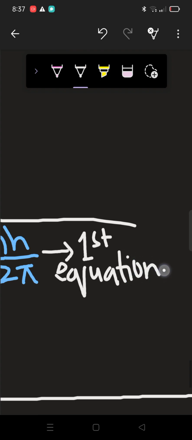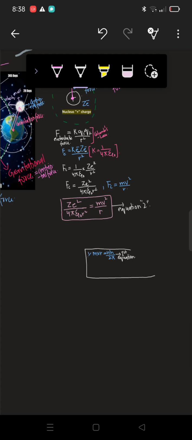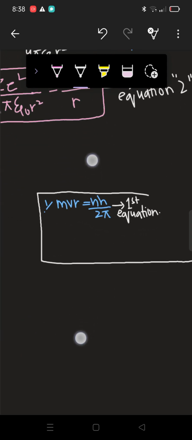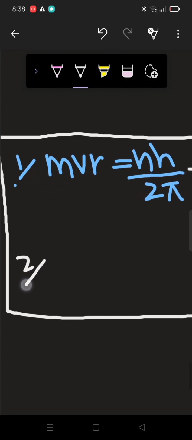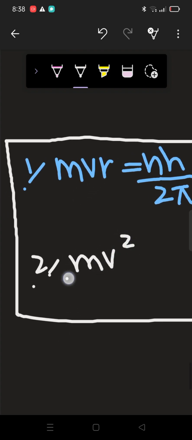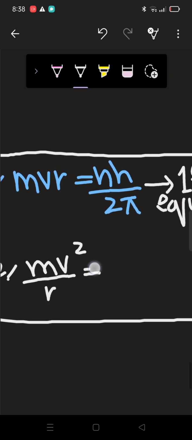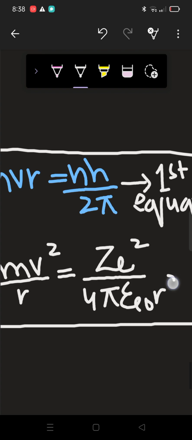Then in his fourth postulate, we got to know that electrostatic force provides us the centripetal force, right? We calculated that yesterday. So let me write that second equation here as well. That was mv square by r, which is the centripetal force, and that is equal to the electrostatic force, which is equal to Ze square upon 4 pi epsilon naught r square, right?